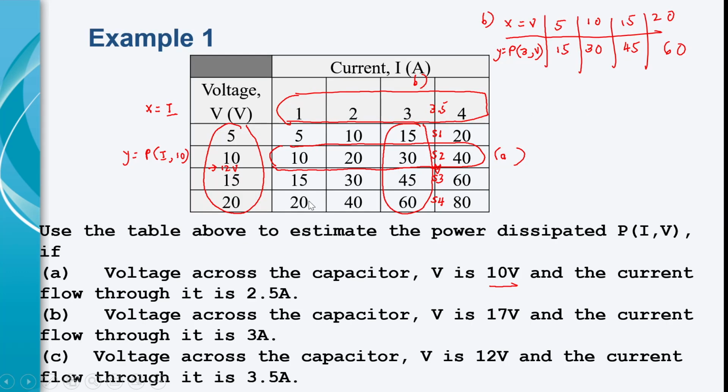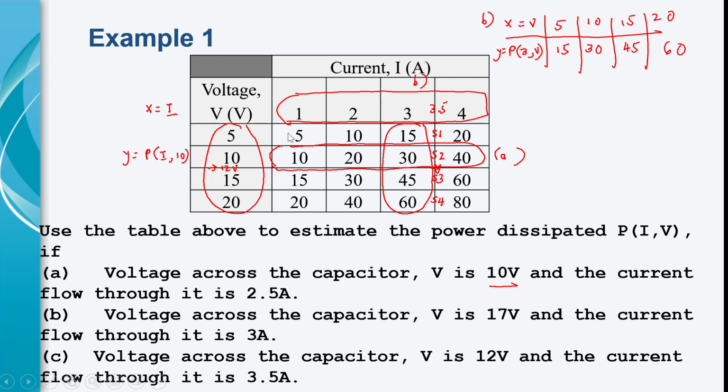Here we have the table. The current I varies as 1, 2, 3, 4, and the voltage as 5, 10, 15, 20.